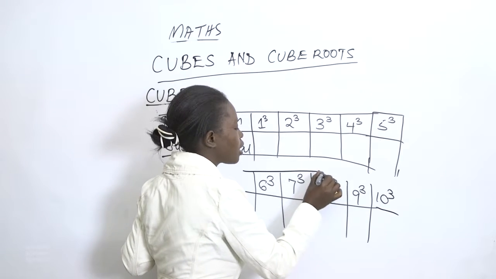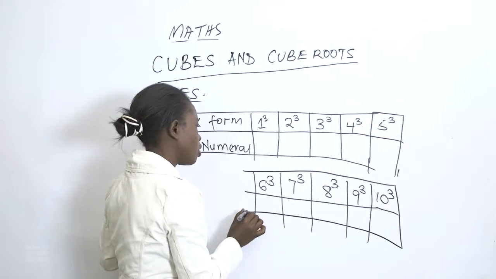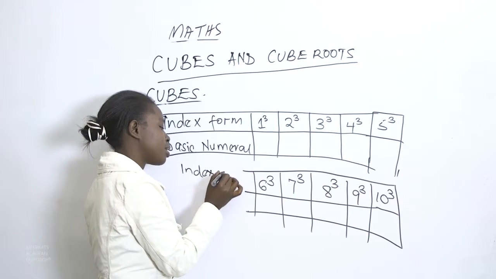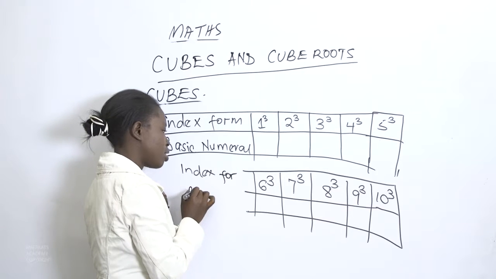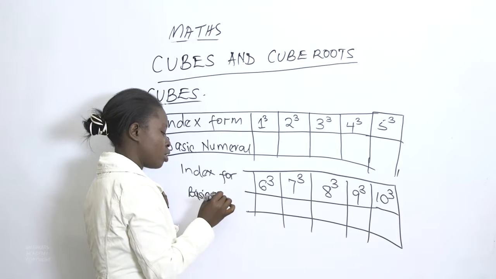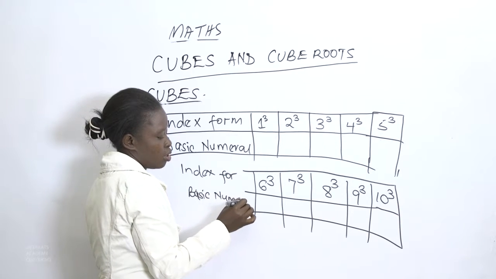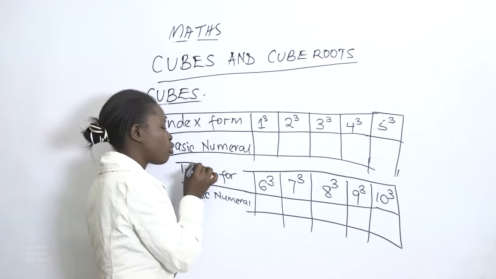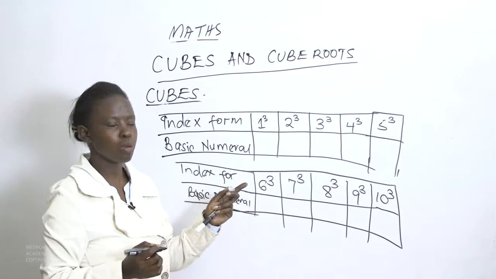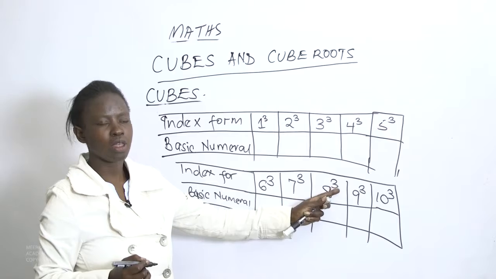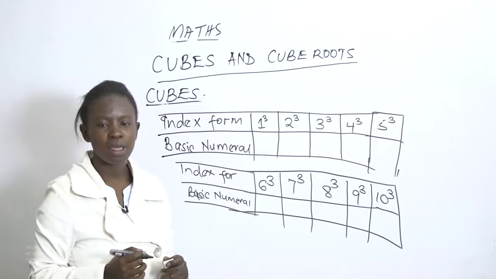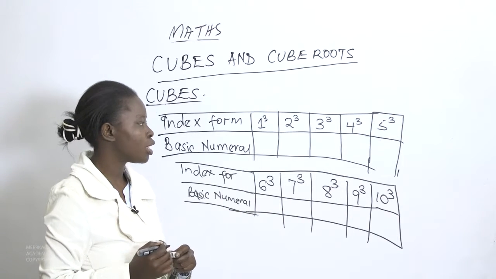So this is in index form. When you are writing in index form, it simply means you show the sign for the cube. And we've said that the sign for the cube is the power of 3. You write your numbers to the power of 3. Then you will have written the cube in index form.